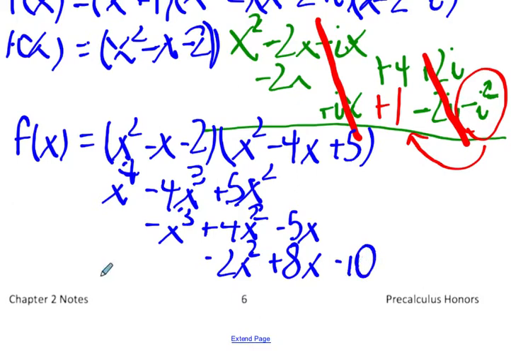So now I just have to combine my like terms. Again, they're already organized vertically to see what I have.